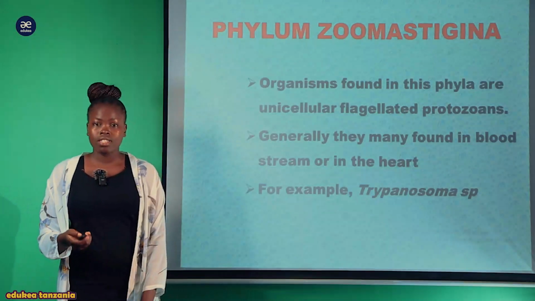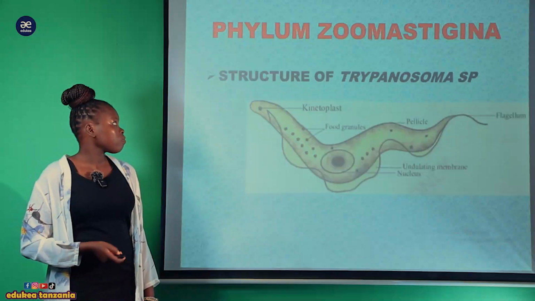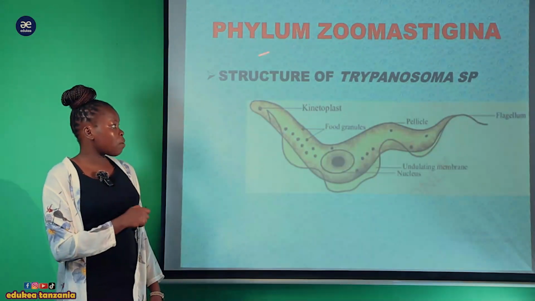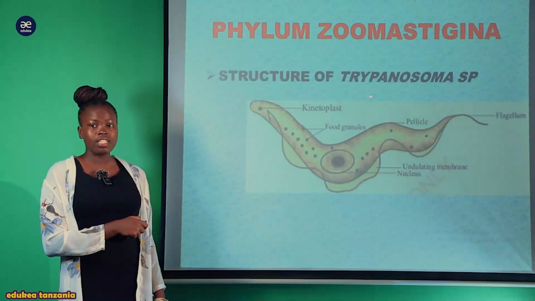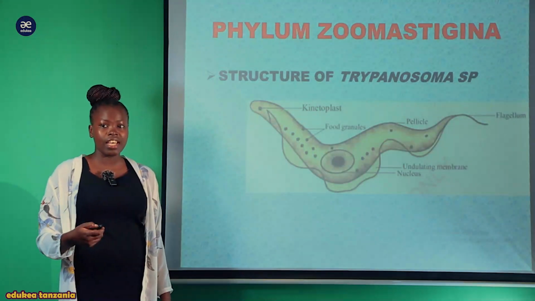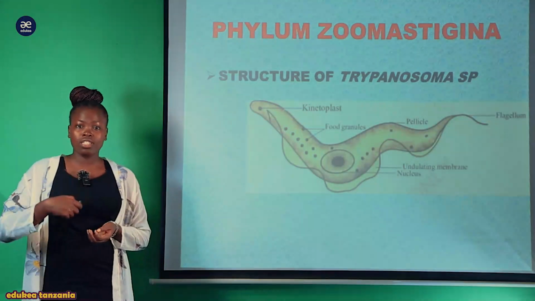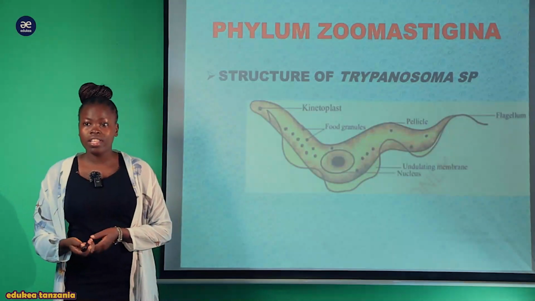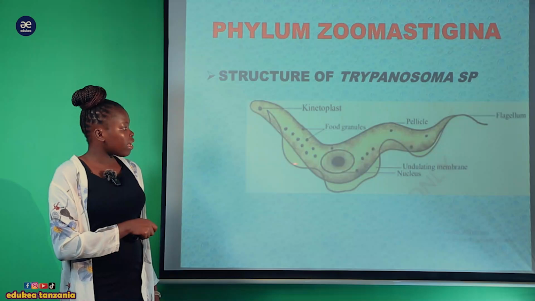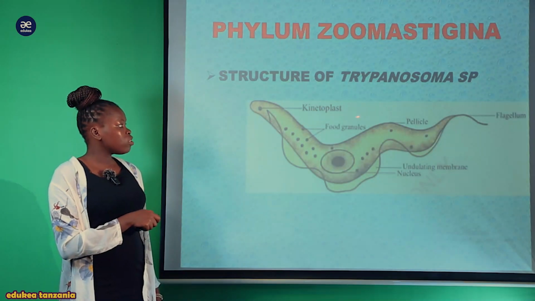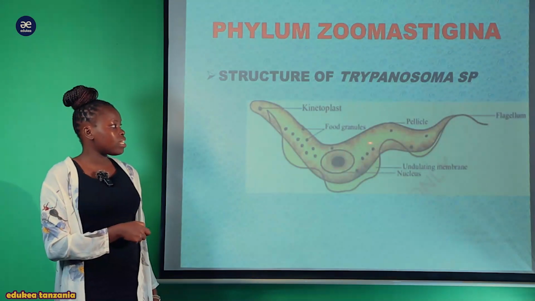Here there is a kinetoplast. The kinetoplast contains the nucleic acid DNA, which is usually injected into the body of the host to cause some disease. Also, they have food granules for food storage. They have a pellicle for protection against the host enzymes. Also, they have flagella for movement.